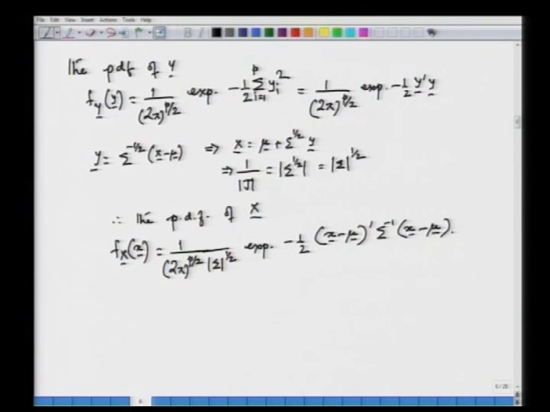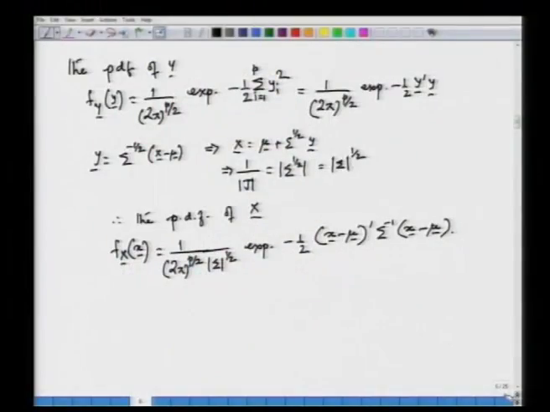Okay. So, this is the PDF of the multivariate normal distribution, the p-variate normal distribution with mean vector mu and covariance matrix sigma. Again, for p equal to 1, you will get the PDF of the univariate normal random variable.